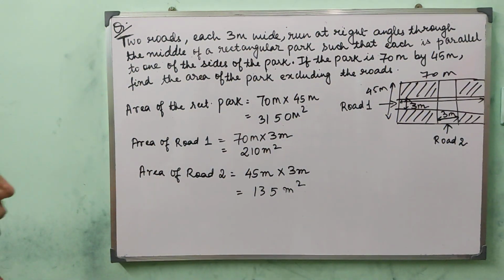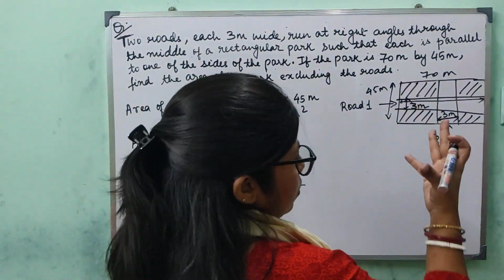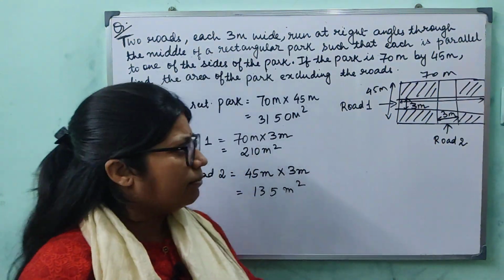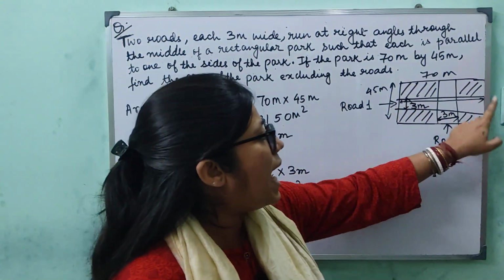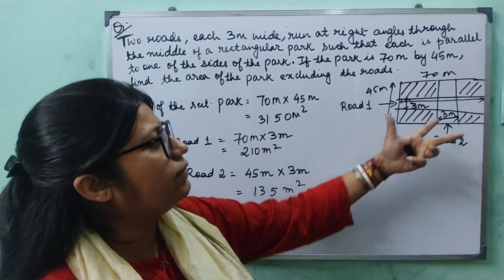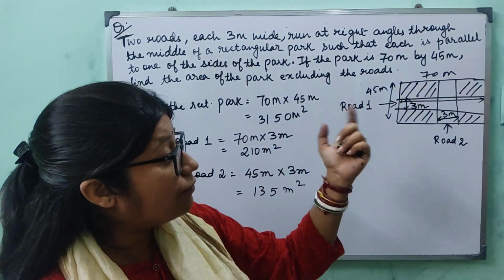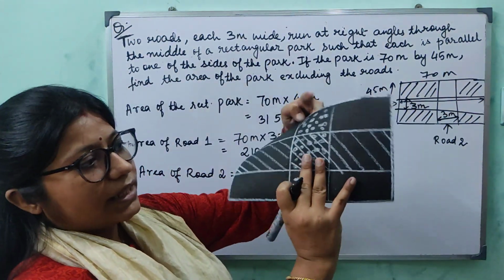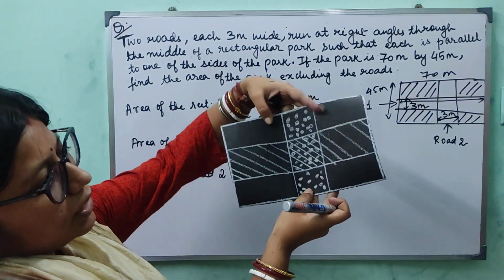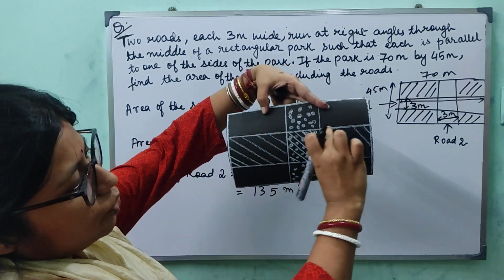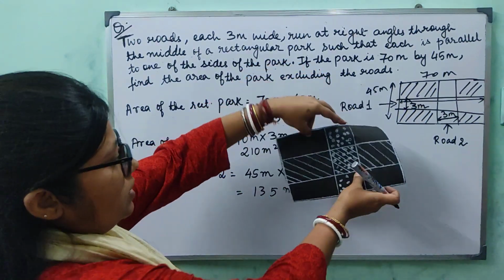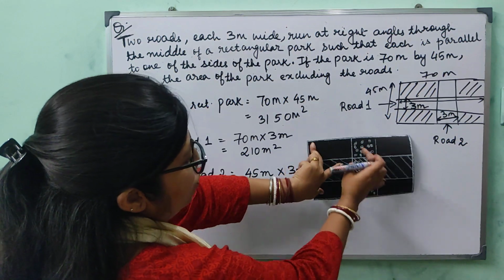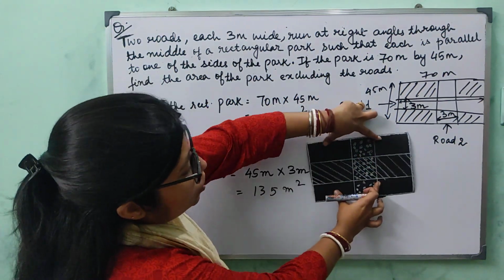135 meter square. Now the normal thing that will come to your mind, ma'am, is that we will add the two roads and then we'll subtract it from the area of the park. But one thing you notice over here. Suppose I have taken this road with these stripes and the other road I have taken with these dots.